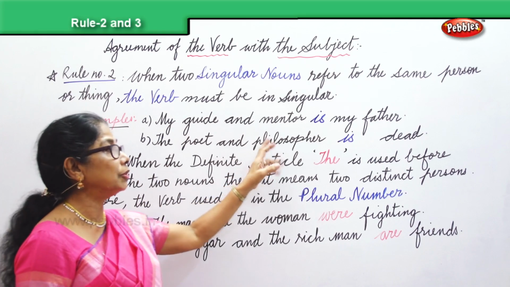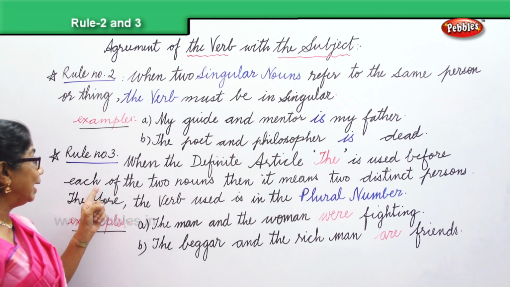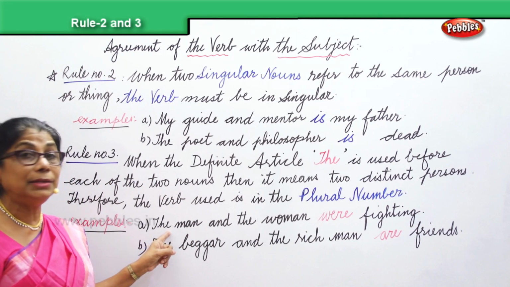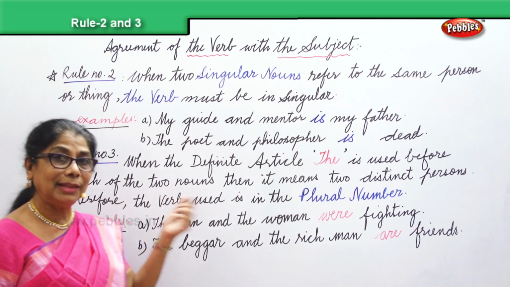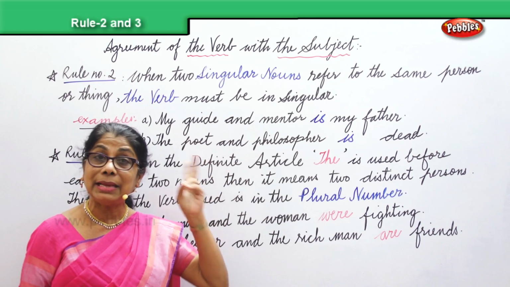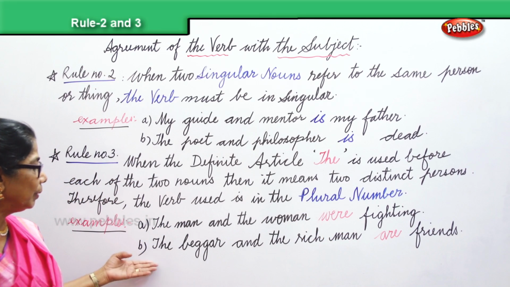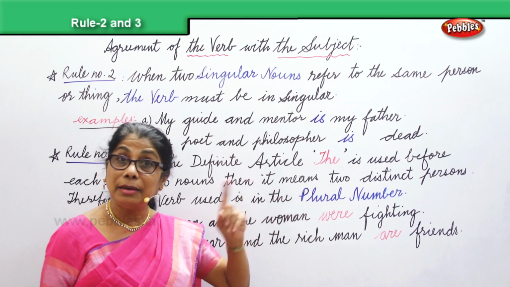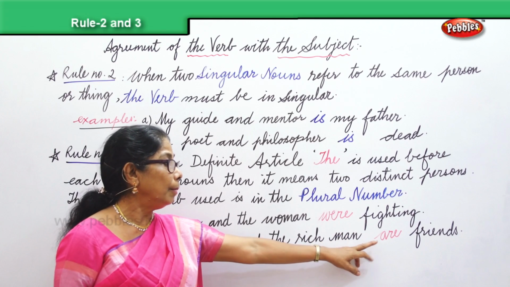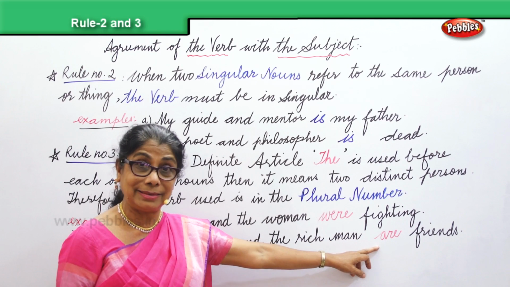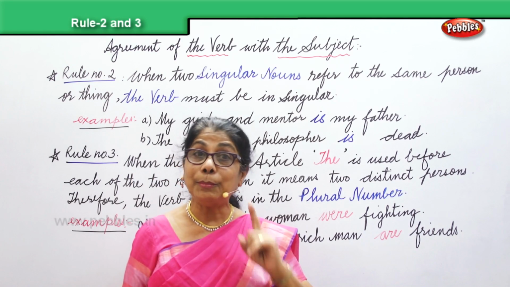The poet and the philosopher refers to the same person, so the verb will be singular. And the third rule says, when the definite article the is used before the nouns, the man, the woman, there are 2 distinctive persons, then the verb has to be in the plural form. The beggar and the rich man, both are 2 distinctive persons, so we take the plural number, are friends. So it all depends. Now we have done 3 rules and we have more rules to go.